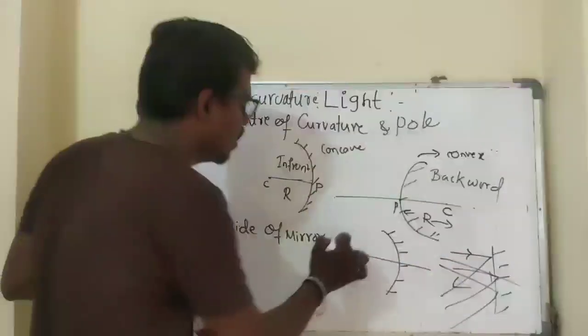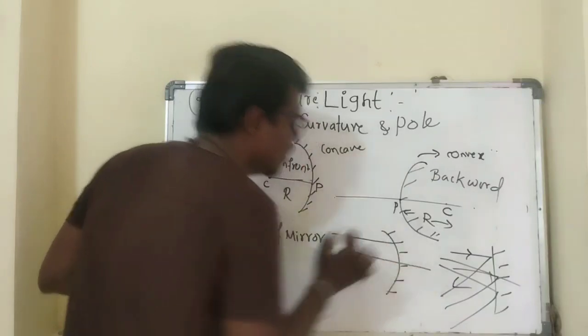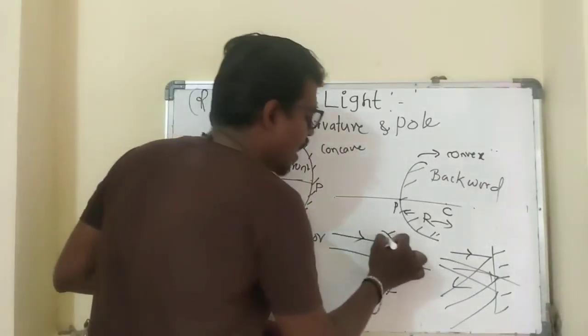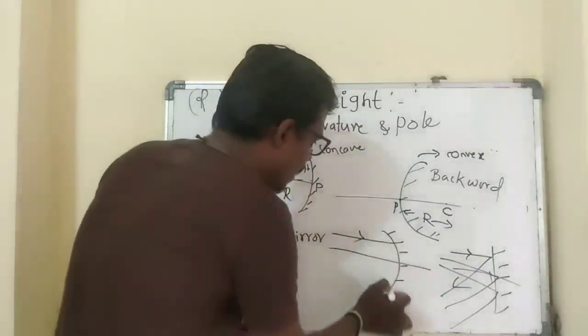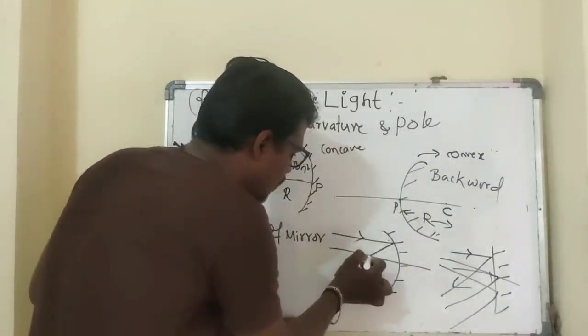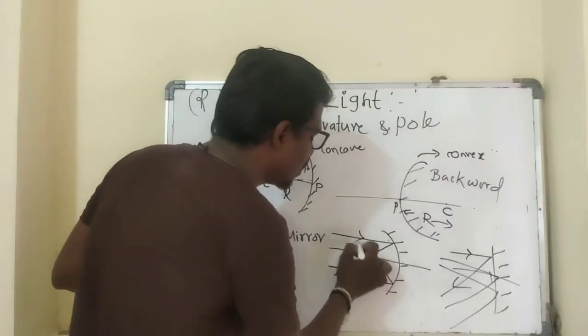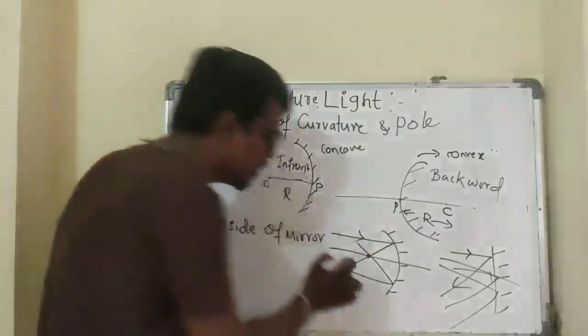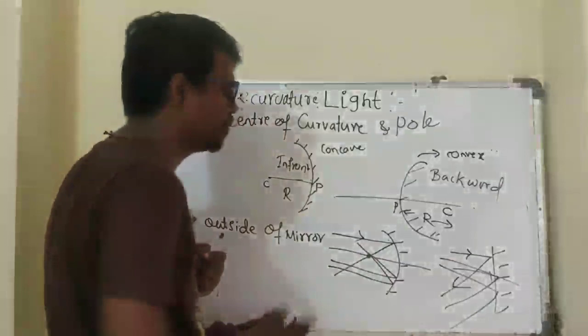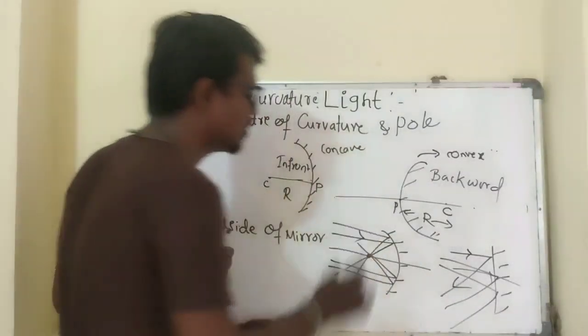Okay, see here, if a ray of light passes onto the surface of a concave mirror, after reflection it will meet at a single point. This is the incident ray, reflection meeting at a single point. This is again meeting at a single point.